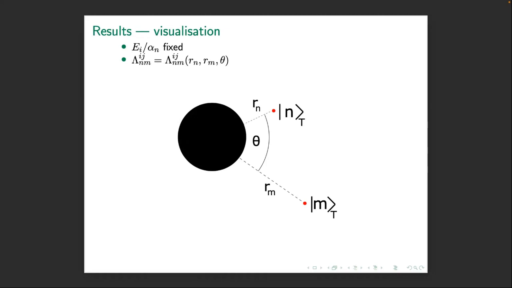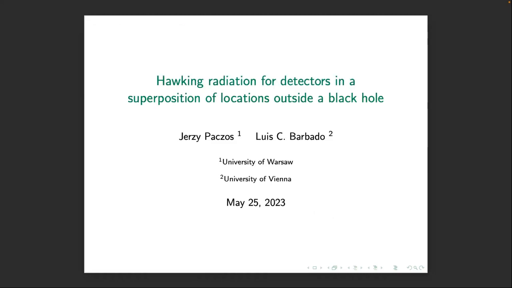So in particular, we can fix one of these trajectories. We will fix the trajectory m and vary the radial distance of the trajectory n and the angle between these trajectories, which will allow us to make a 3D plot of this measure of coherence, lambda.